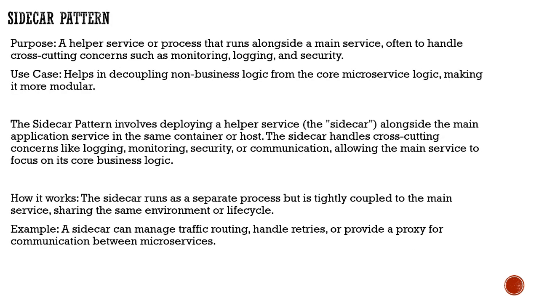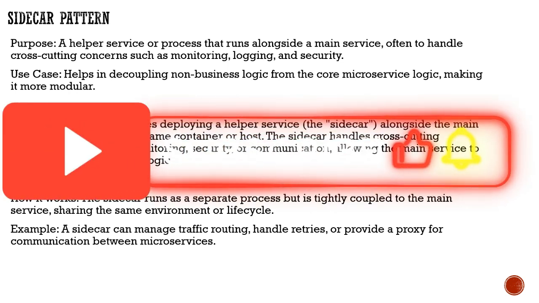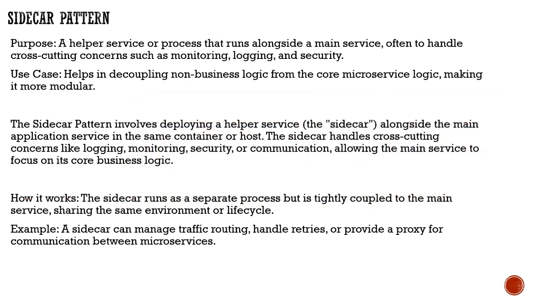Now the sidecar pattern is basically used as a helper service, a process that runs alongside the main service, which handles certain cross-cutting concerns like monitoring, logging, or security. This helps decouple non-business-logic things from your core microservice logic, by putting them in a separate process.